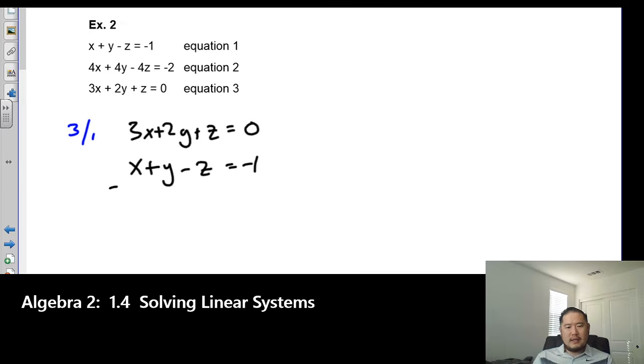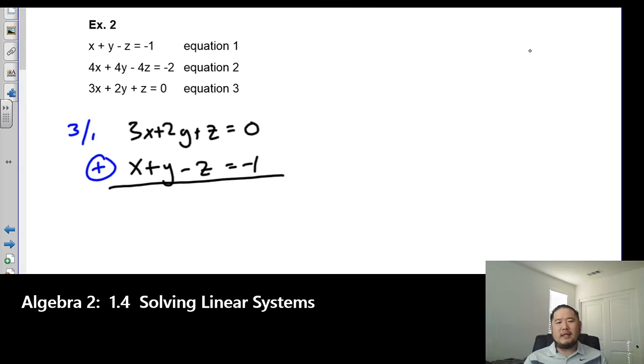Now remember, I set things up like this because when I'm adding, can I automatically eliminate one of my variables without having to find an LCM? And remember, one of them actually needs to be positive and the other one needs to be negative. So if I set it up like how I have 3 above and 1 below, I know that z will be eliminated.